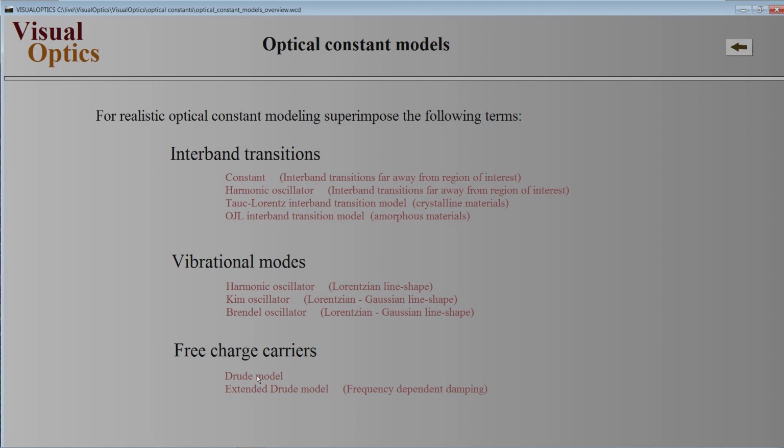In the case of heavily doped semiconductors, like the TCO example that I showed before, I have to recommend the extended Drude model, which adds a feature which is missing in the simple Drude model, basically a frequency-dependent damping. This shows up to be important in highly doped semiconductors only.